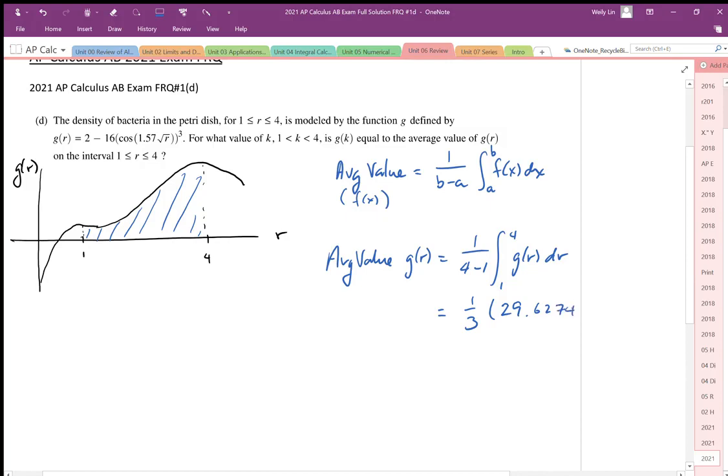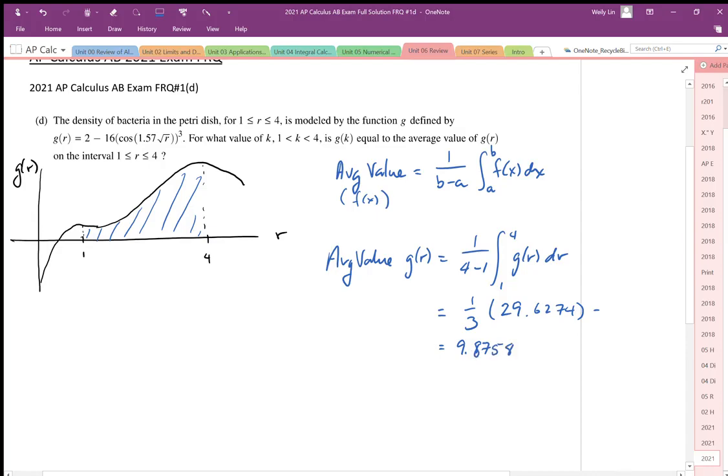Then I divide that value by 3, and the average value of the g function works out to be 9.8758 approximately.